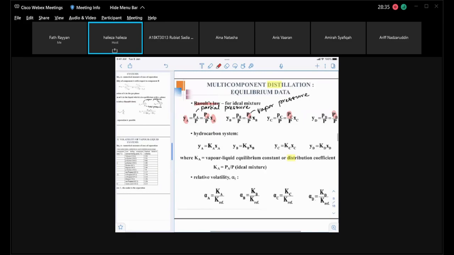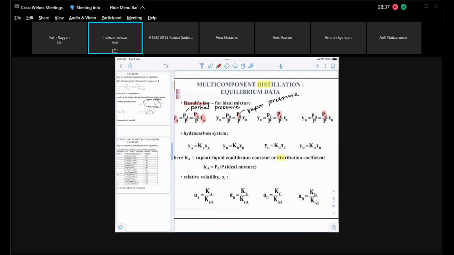But normally, if it's not ideal, for example when you are looking at a hydrocarbon system, you will not use Raoult's law. You will use the vapor liquid equilibrium constant. Another term for it is the distribution coefficient, and that is capital K. For every component, you will have the subscript for that component.